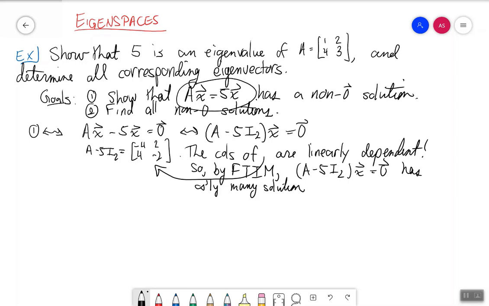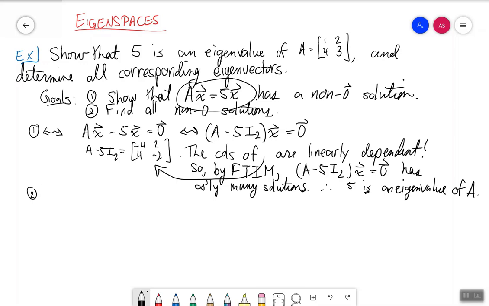In particular, it has a non-zero solution. Therefore, 5 is an eigenvalue of A. So now let's go and figure out what are all the eigenvectors.